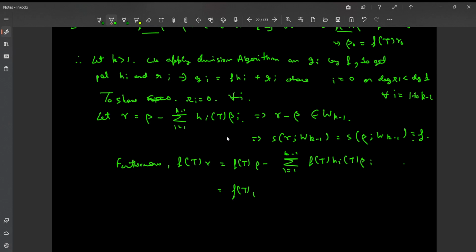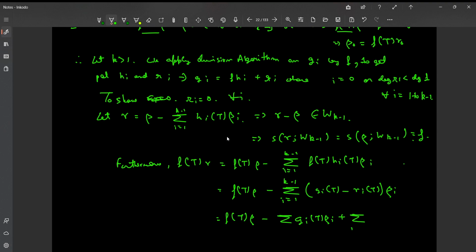So this is f(T) beta minus the summation, i equals 1 to k minus 1, of g_i(T) minus r_i(T) applied to beta_i. So this is basically equal to f(T) beta minus the summation of g_i(T) beta_i plus the summation, i equals 1 to k minus 1, of r_i(T) beta_i.